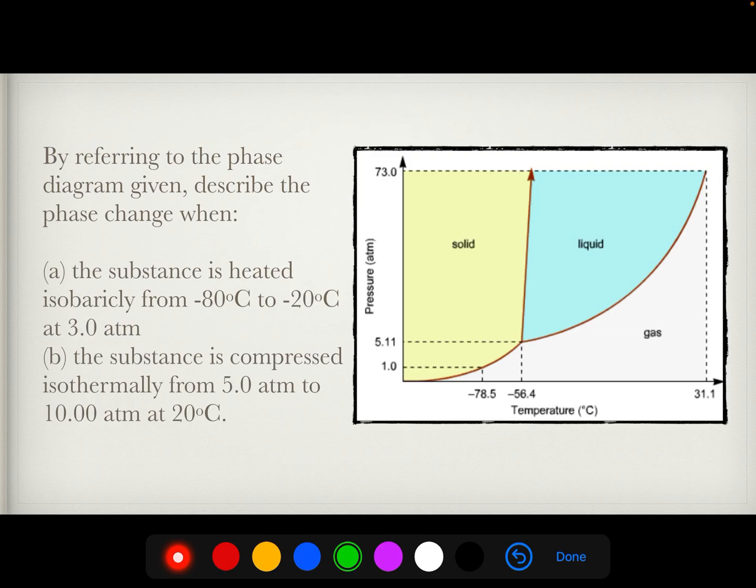We have pressure at 3 atm, which should be in the middle between 1 atm and 5.11 atm, so around here. Then it is heated from negative 80 to negative 20. Negative 80 is about here, until negative 20, which should be about here.